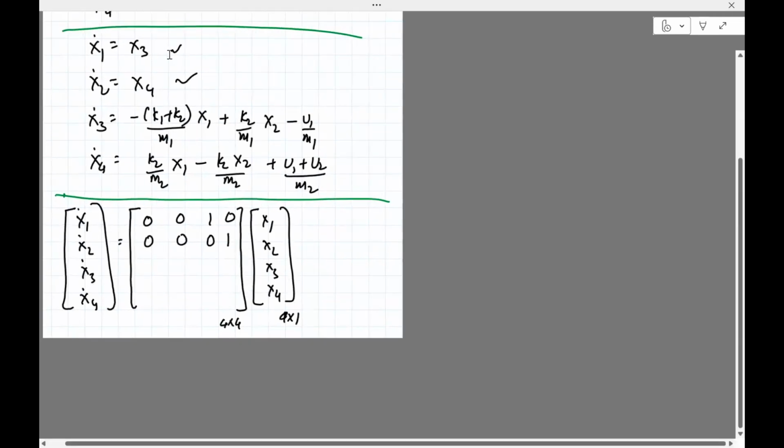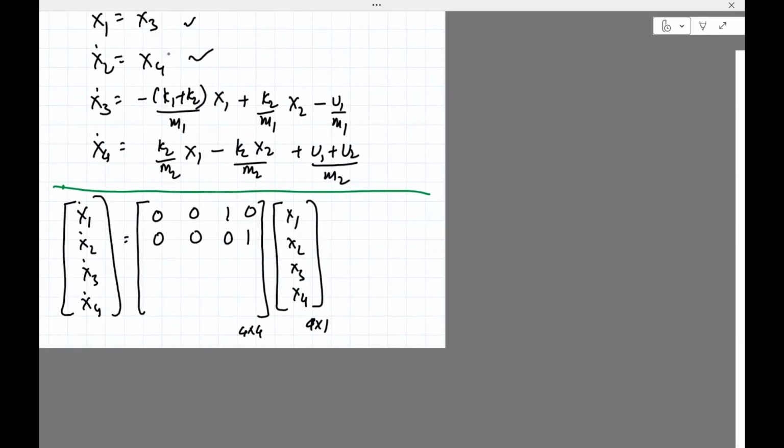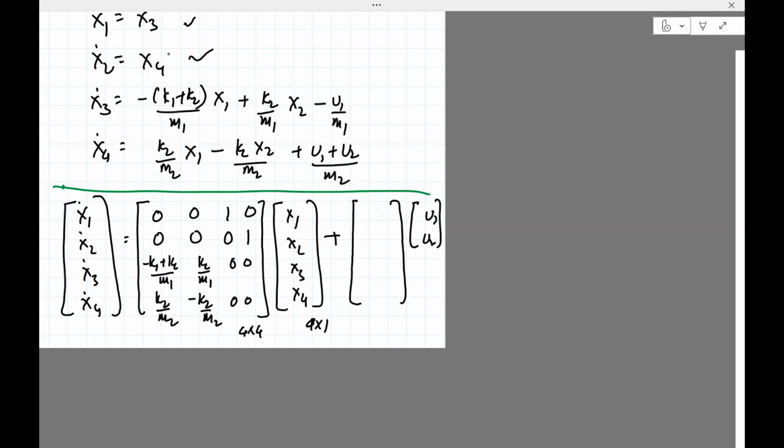Then we have minus (K1 plus K2) divided by M1, K2 divided by M1, 0, 0, K2 divided by M2, minus K2 divided by M2, 0, 0, plus something else times U1, U2. These are controls. So you can see that the first two equations have 0, 0 for controls.